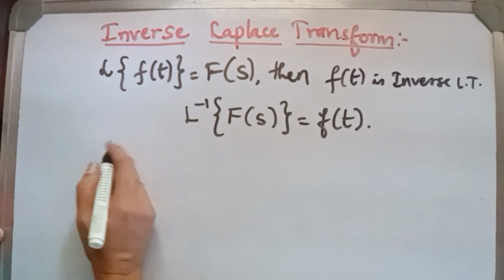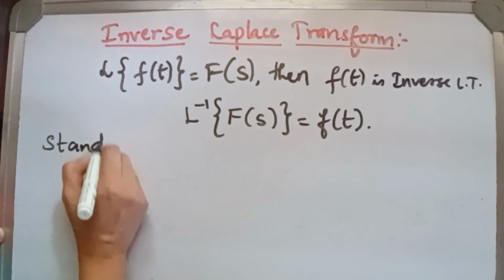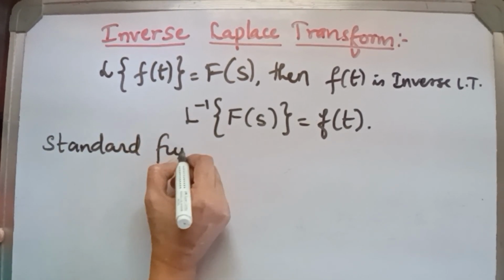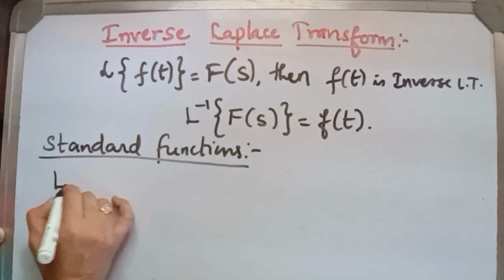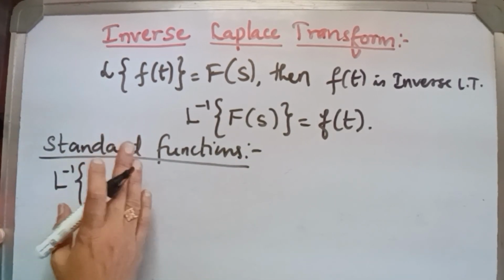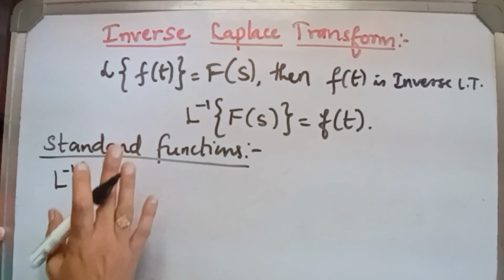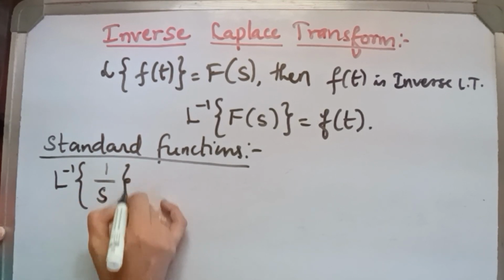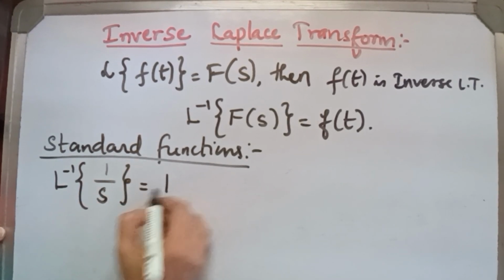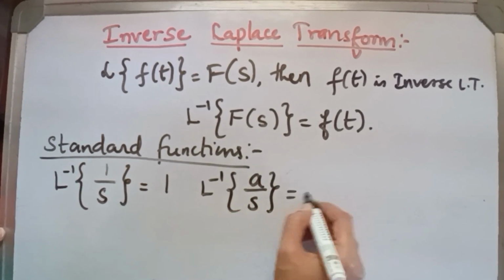So now let us write inverse Laplace transform of some standard functions. We had Laplace transform of a constant is a by s. So inverse transform of 1 by s is equal to 1. Inverse transform of a by s is equal to a.